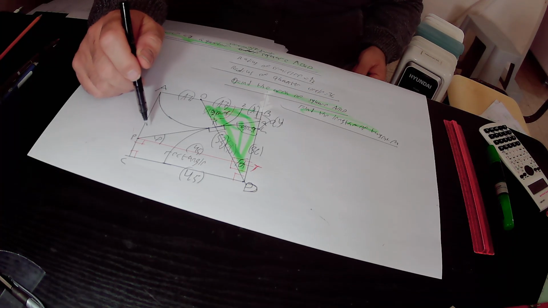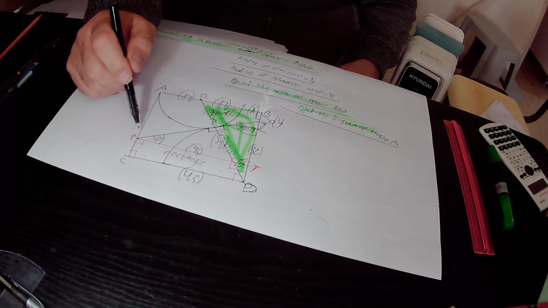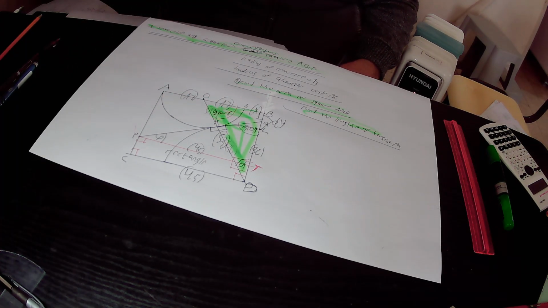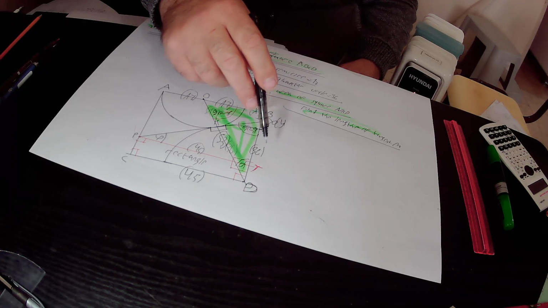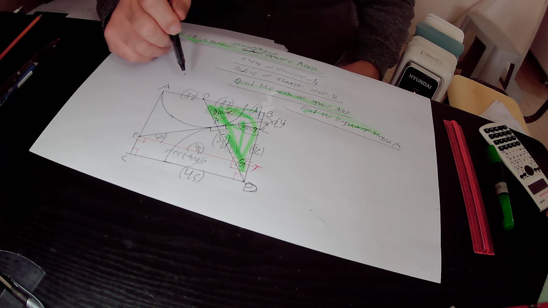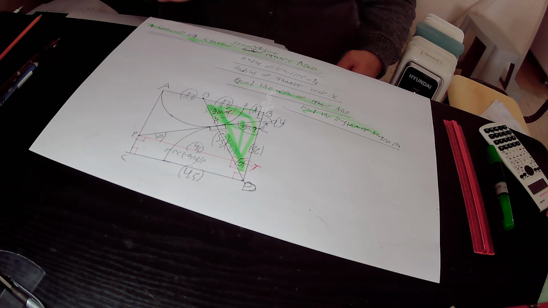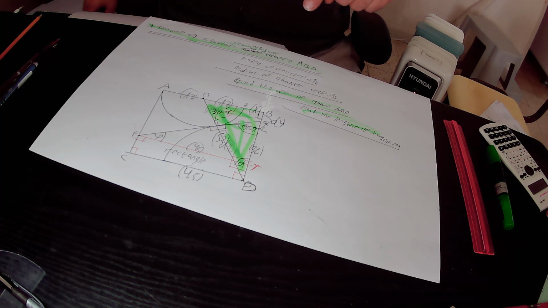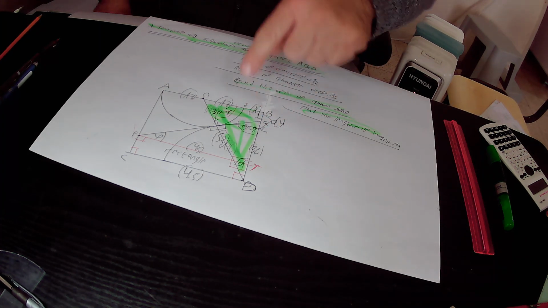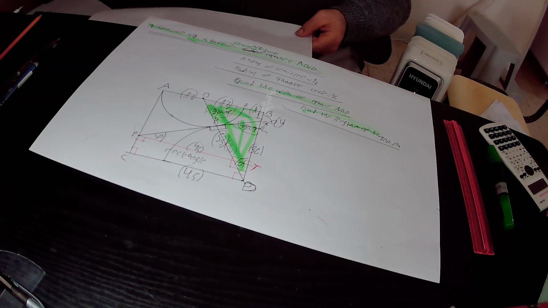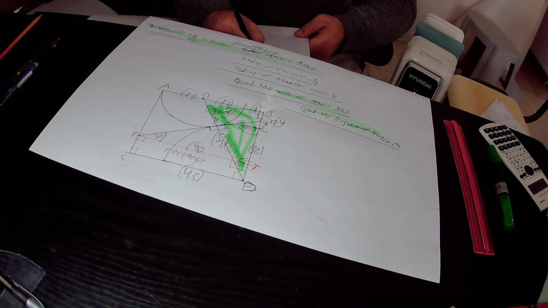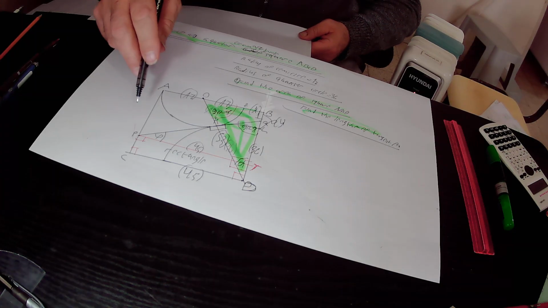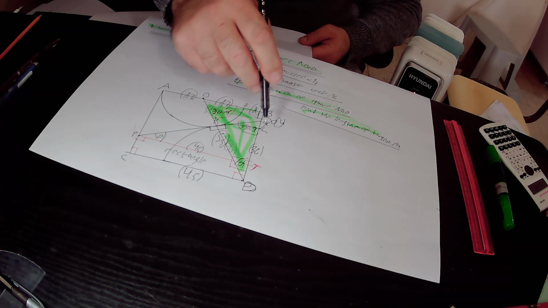So in the next step, we prove that this right triangle PQT can go into this green right triangle DBO according to the angle-side-angle rule. We have to prove that the green triangle OBD can go into this right triangle PQT.